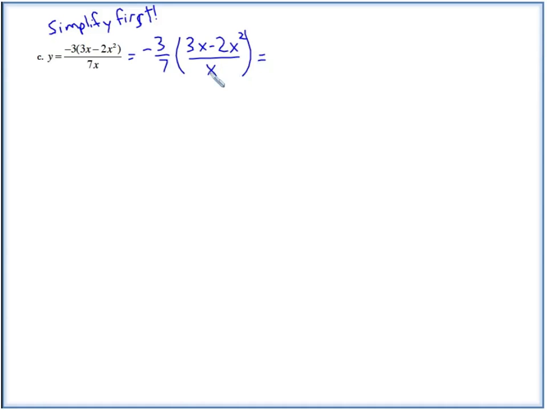Then you can see we can take an x out of both of these, so let's factor out our x. Okay, and then we can cancel it right here. So we're left with negative 3/7 times 3 minus 2x.